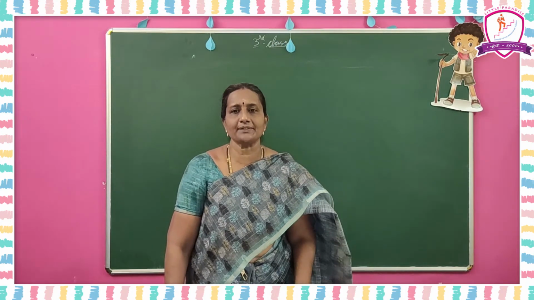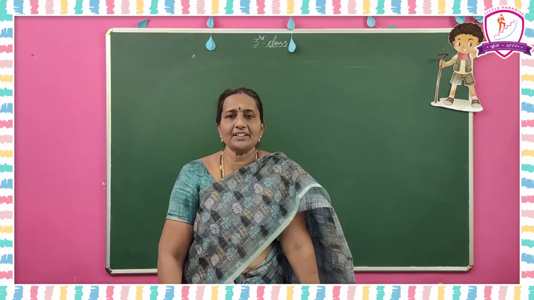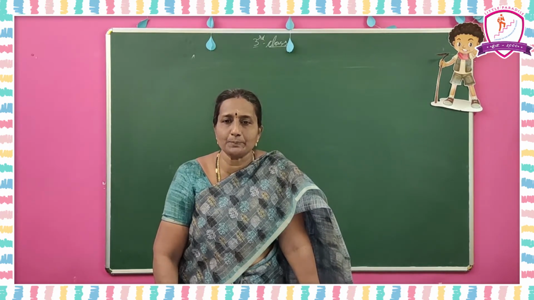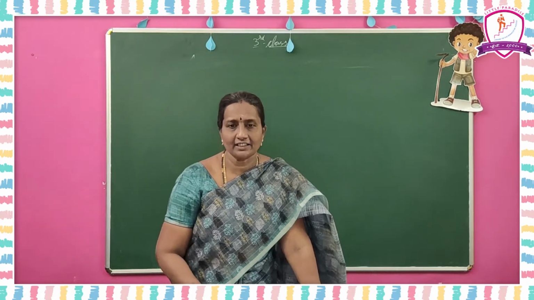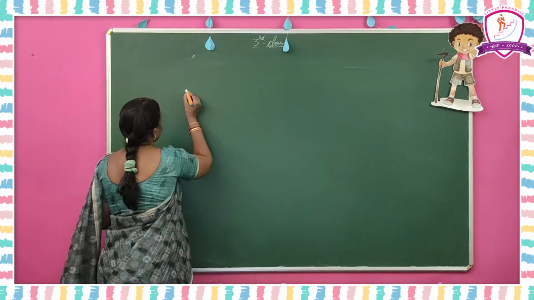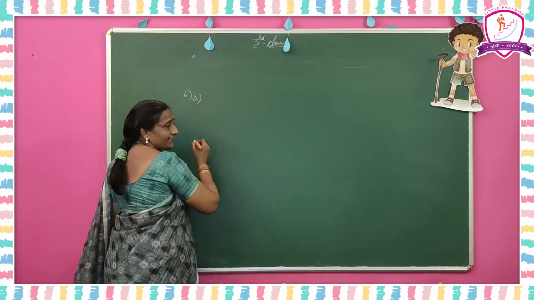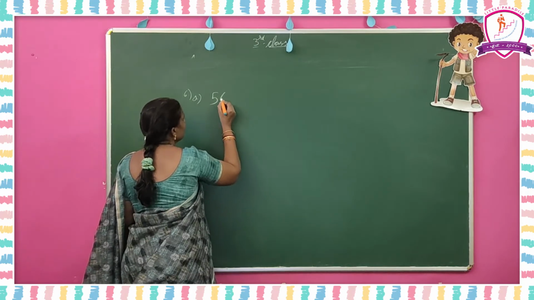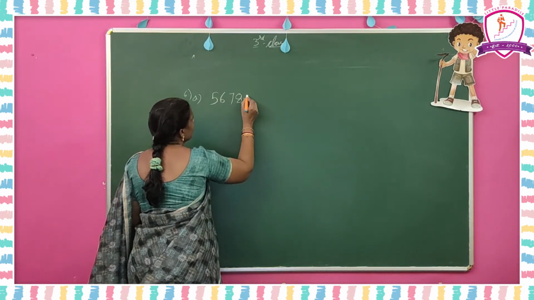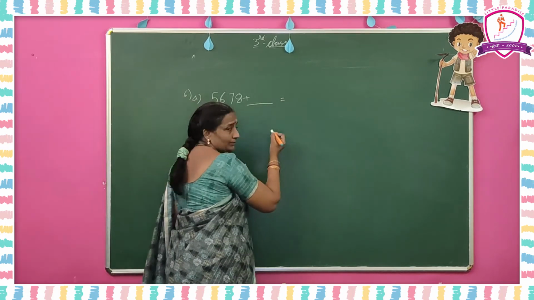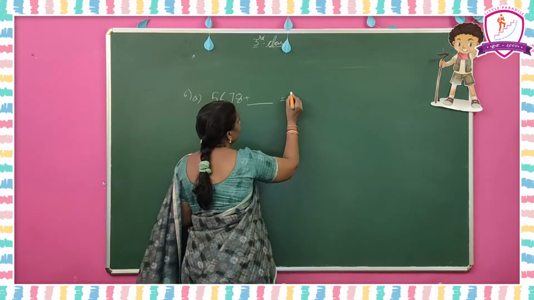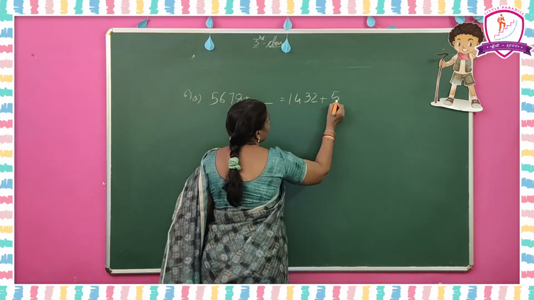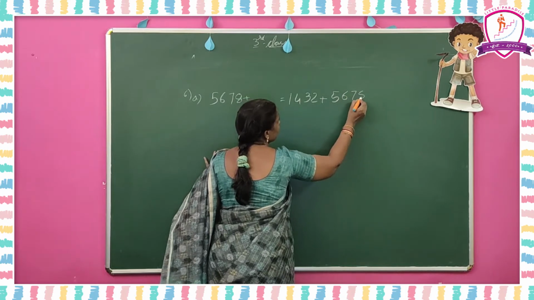Okay. What is the first one? 5678 plus dash is equal to 1432 plus 5678.